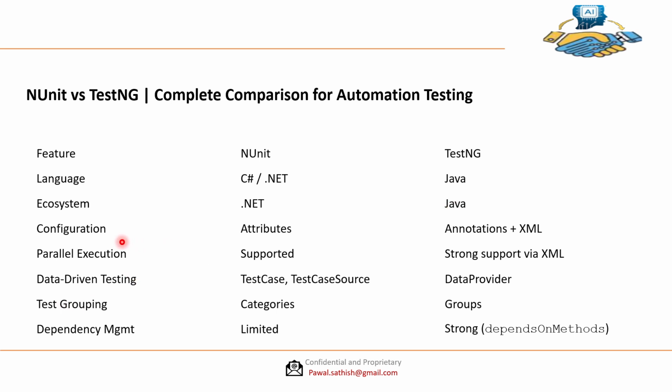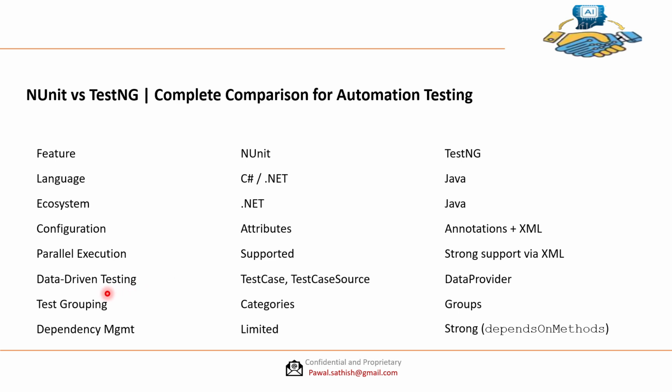Considering the configuration, in NUnit we use attributes like Test, TearDown, and SetUp. Similarly, in TestNG we use annotations. Considering parallel execution, both NUnit and TestNG are supported.